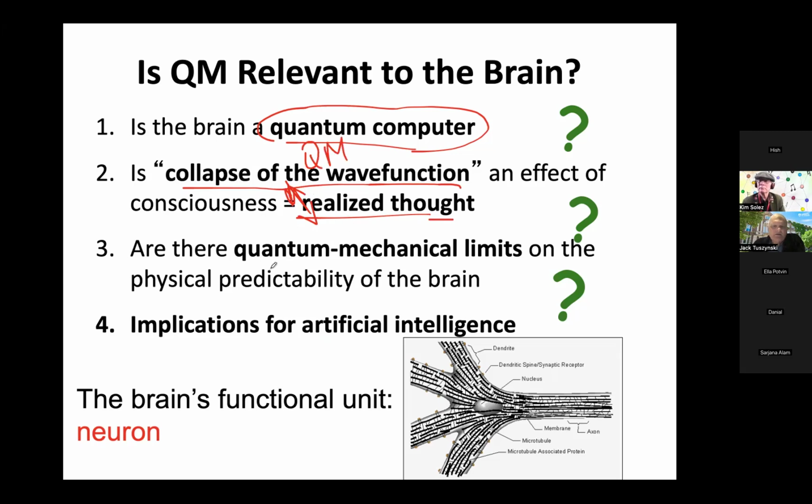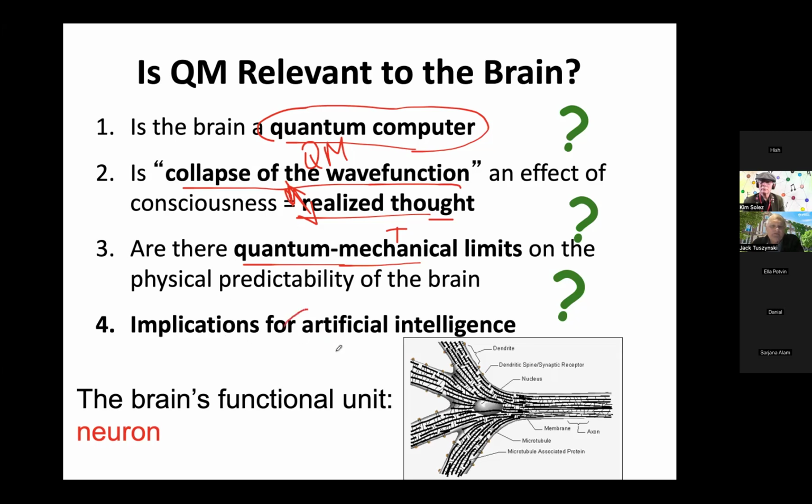Okay, and are there any quantum mechanical limits on the physical predictability of the brain? These are the questions. And then, of course, the key one is the role of temperature, which in normal quantum mechanical systems would be the killer of coherence and quantum states, but somehow maybe Mother Nature has found a way of overcoming this thermal disruption of quantum coherence.